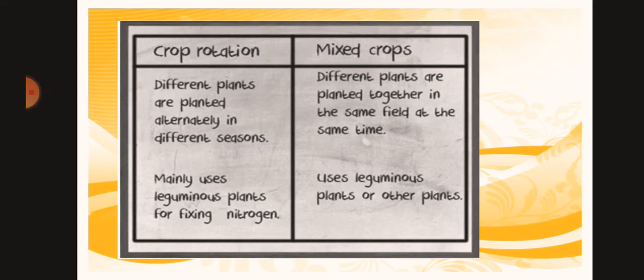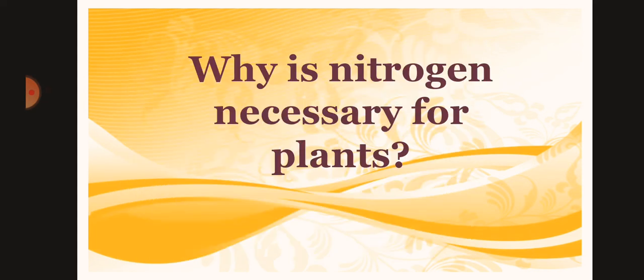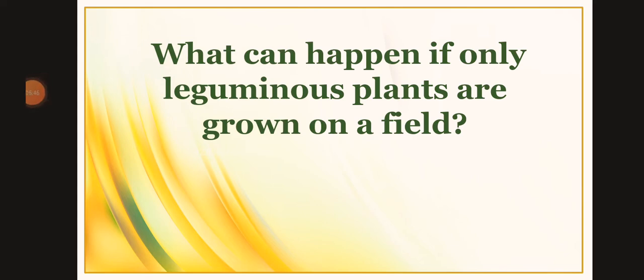Here you can see the detailed description about crop rotation and mixed crops. Next, why is nitrogen necessary for a plant? Nitrogen is necessary to maintain the level or the health of the crops.